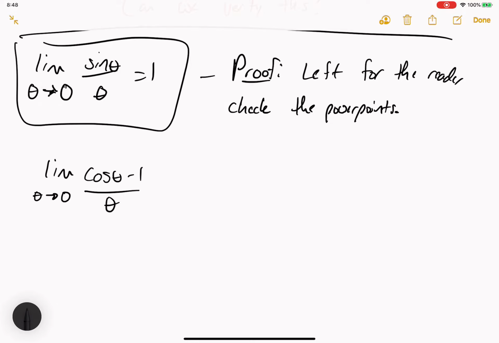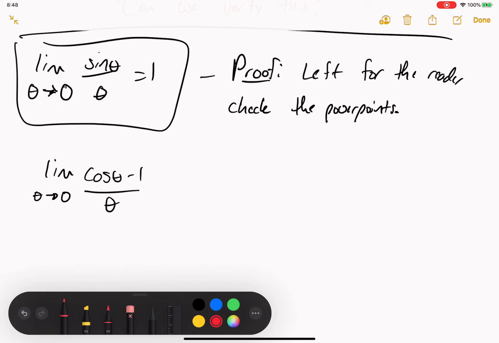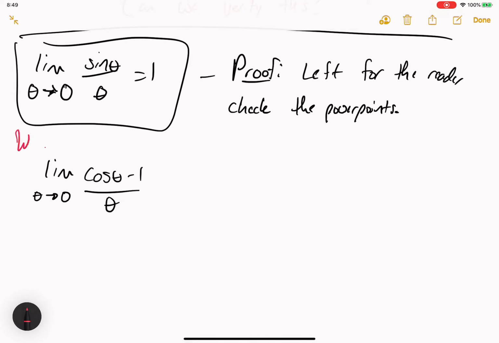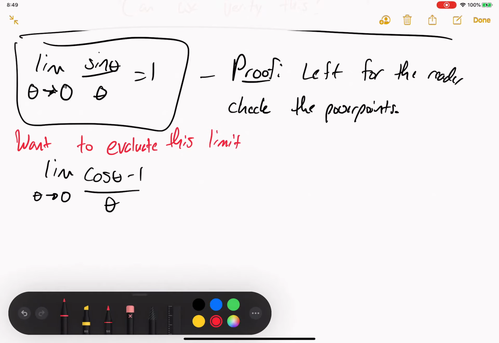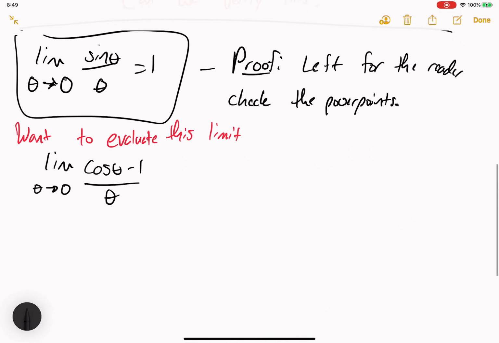So let me put it in a different color. We want to evaluate this limit and figure out what it is. If we plug in 0, we get 1 minus 1, which is 0, divided by 0.